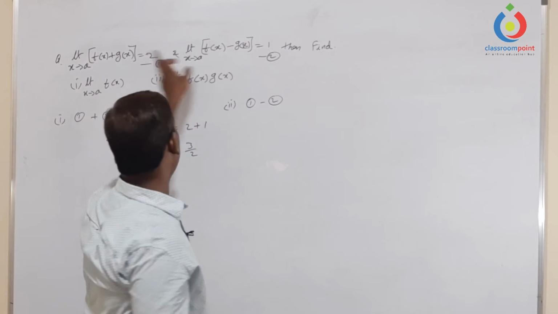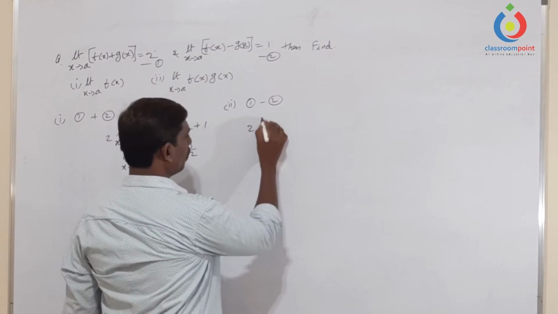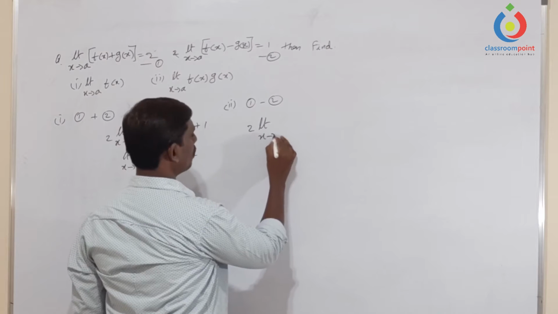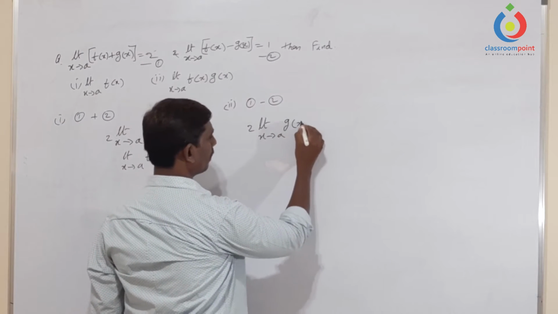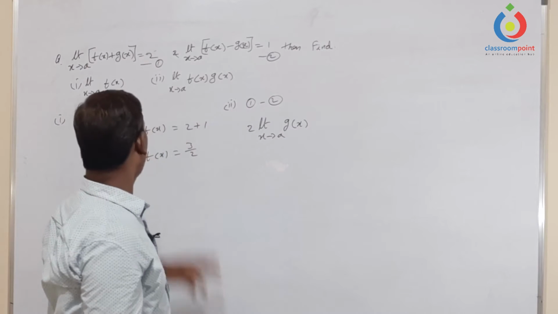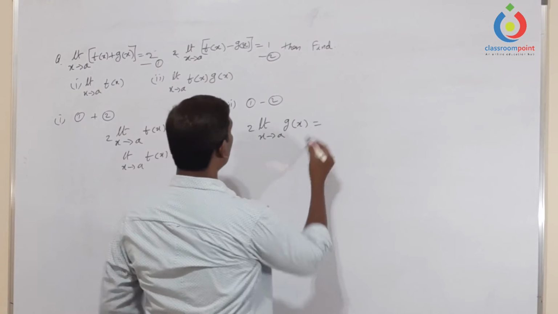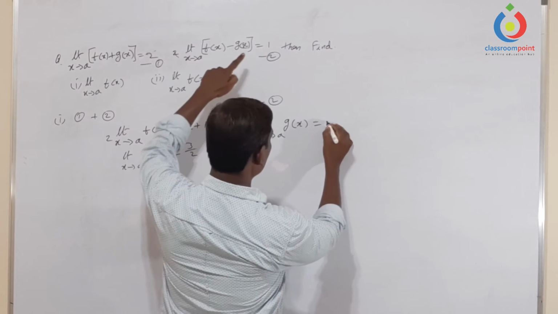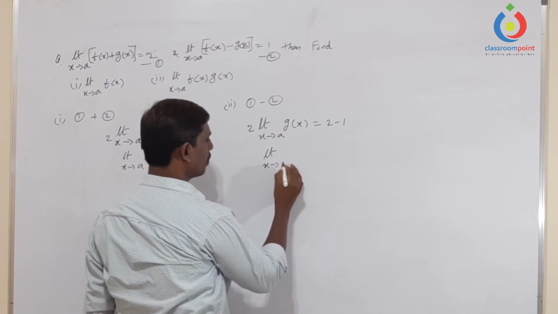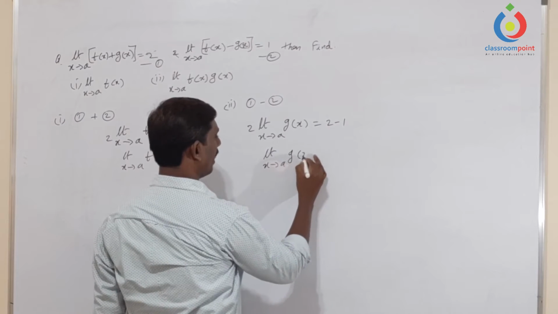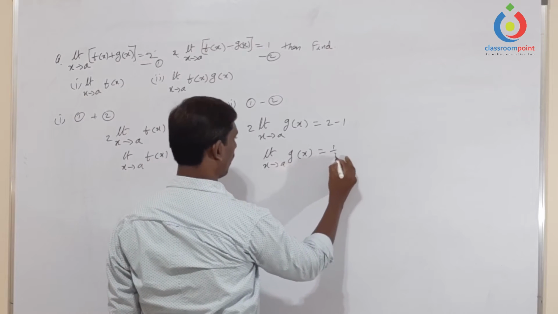Next, remaining is 2 into limit x tends to a, g(x) is equal to 1 minus 2. That means 2 minus 1. So, limit x tends to a, g(x) is equal to 1 by 2.